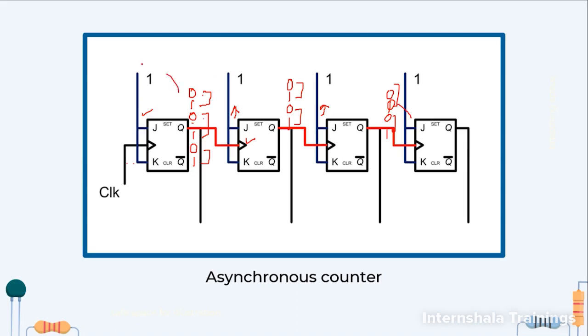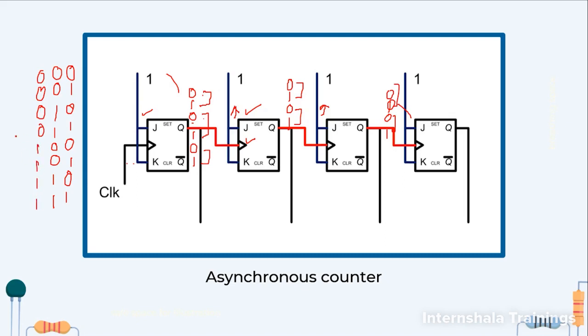The output of this bit will be 0 1 0 1 0 1 0 1, and this way it will keep on going. For these two, the output of the first one here will remain 0. For these two, it will remain 1, then 0, then 1. This is also toggling, but at half the speed. Then again half the speed.